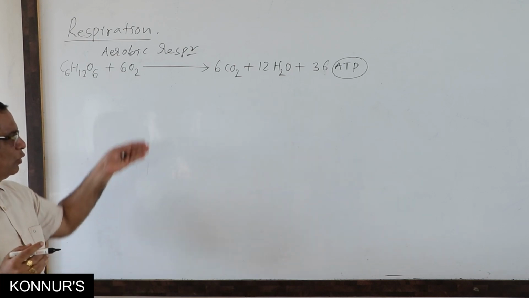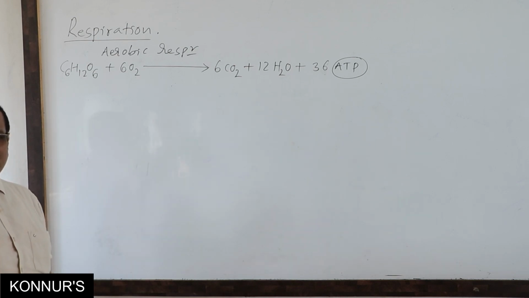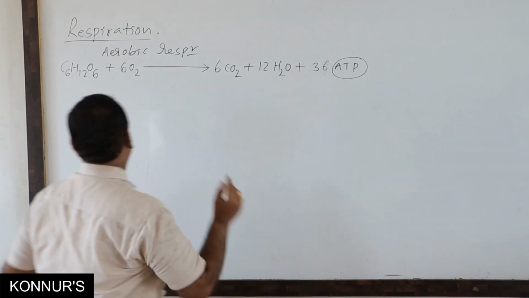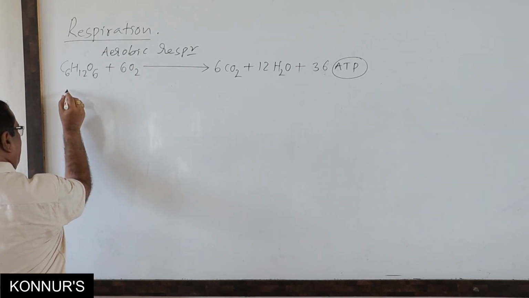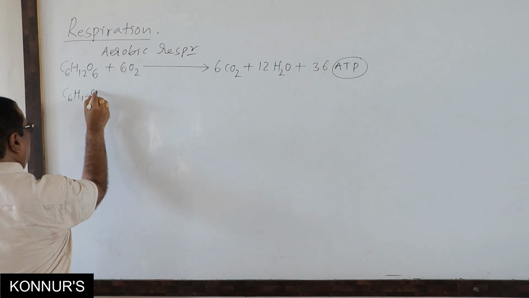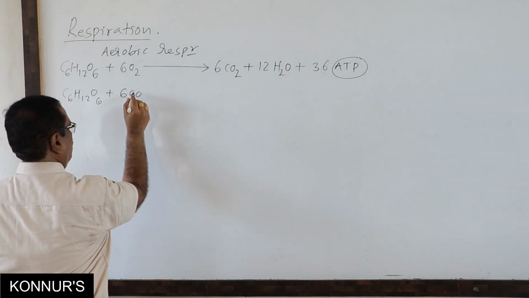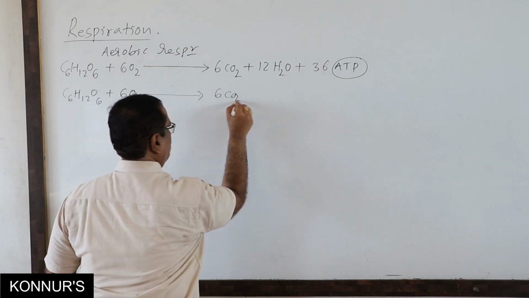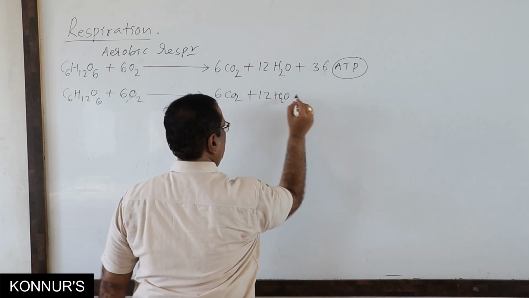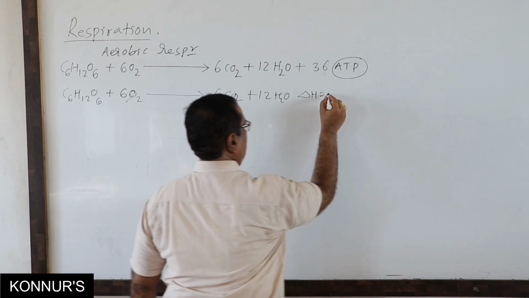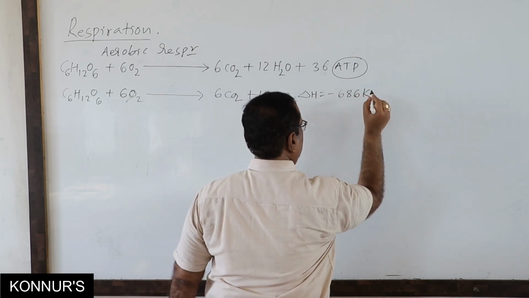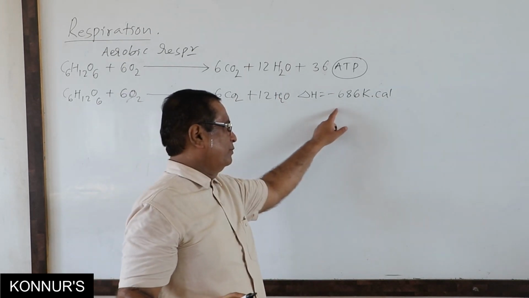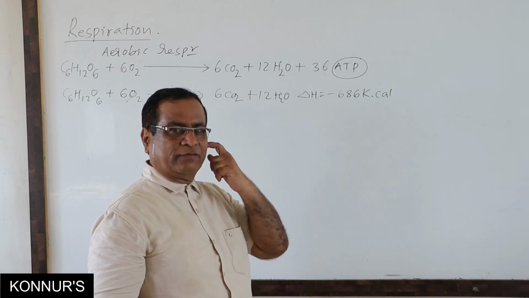Sometimes they will give more equations. Which of the following is an equation for aerobic respiration? They would give this one, and they will even give another equation: C6H12O6 plus 6O2 gives 6CO2 plus 12H2O, delta H equal to minus 686 kilocalories, with the liberation of 686 kilocalories of energy.